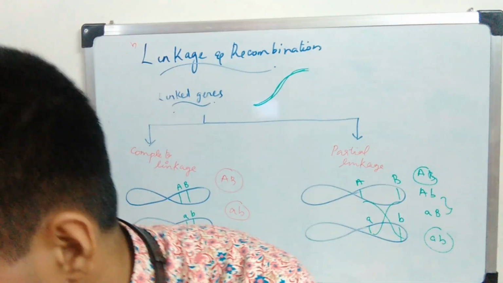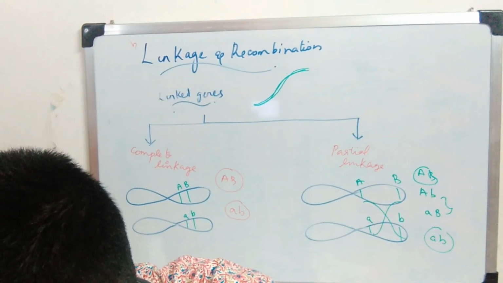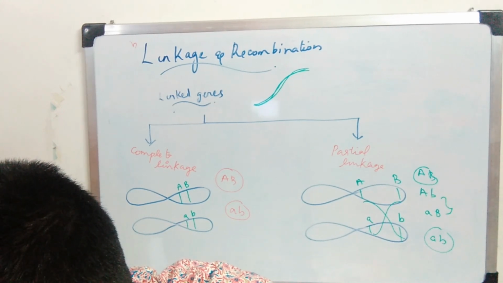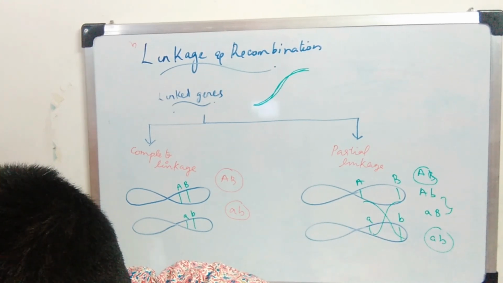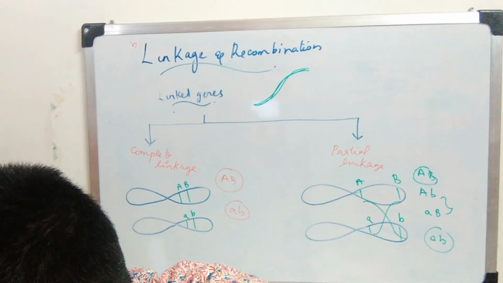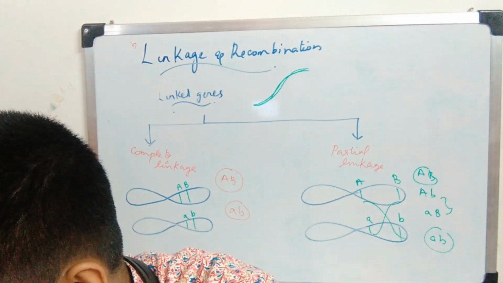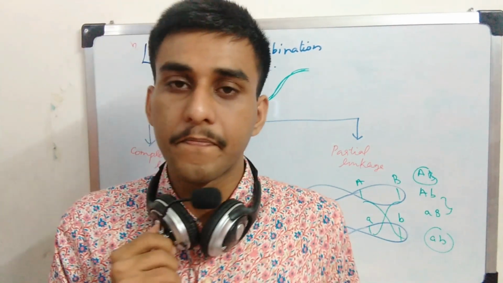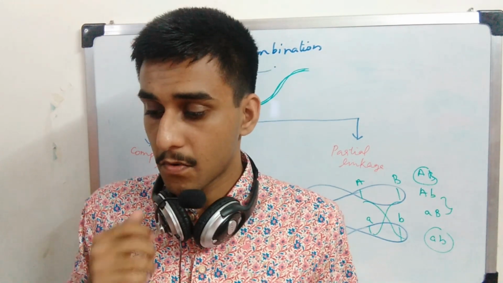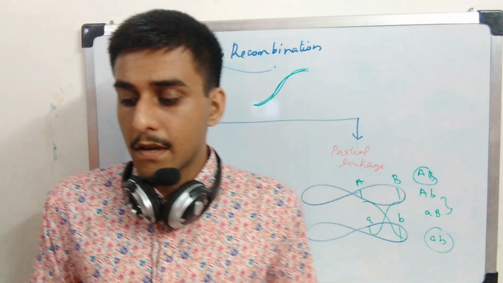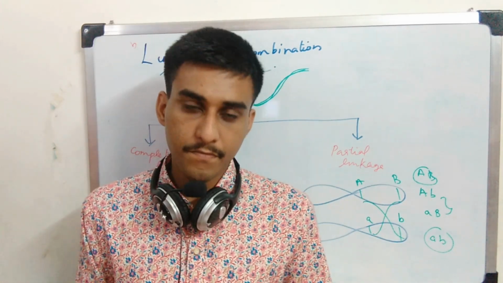Next, we will be dealing with sex determination, right? Usually, before sex determination, there are 2 other topics in your textbook, which are polygenic inheritance and pleiotropy.